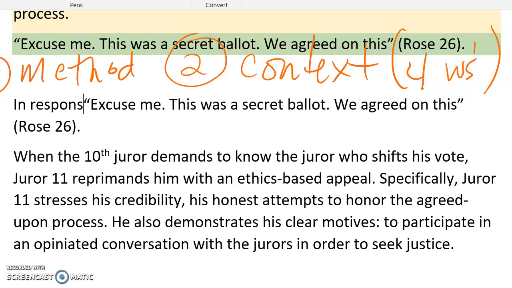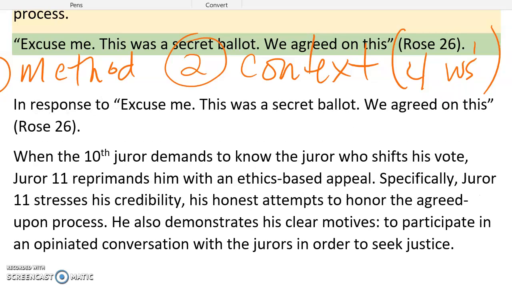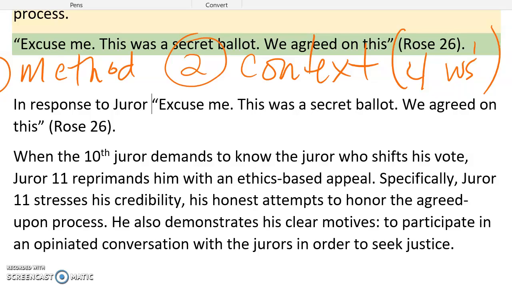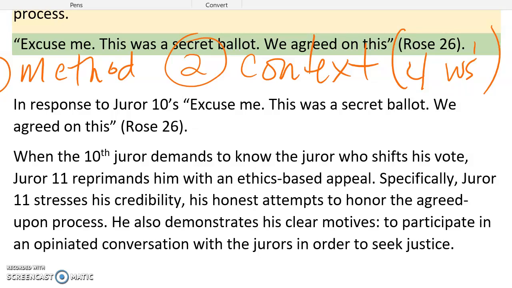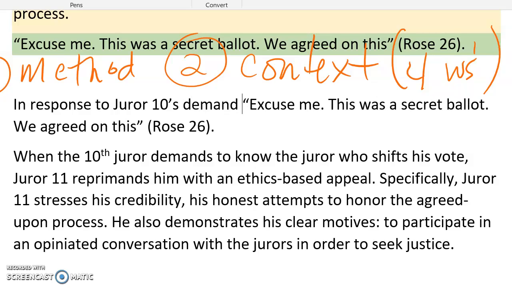In response to Juror 10's, I'm going to use the word demand right now because I can't think of another one off the top of my head.